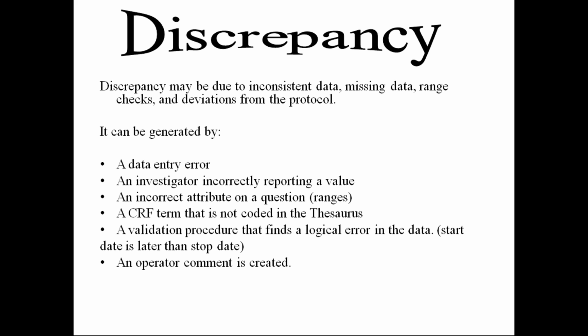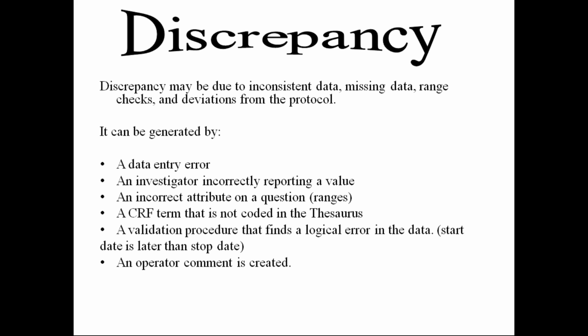It can be generated by data entry error. Sometimes the investigator may be incorrectly reporting the value, or an incorrect attribute on a question, as we just discussed. It can be range or data type.